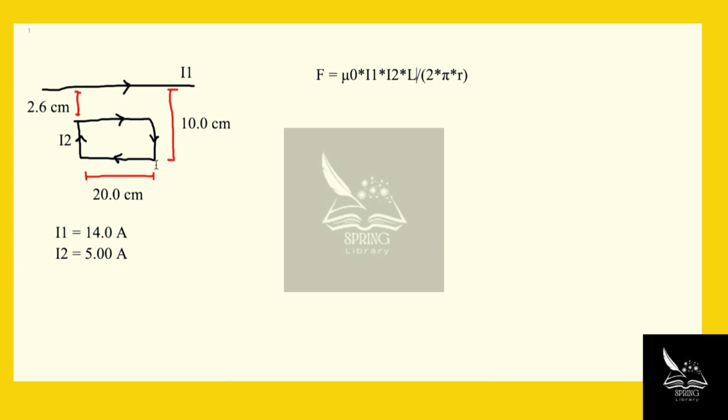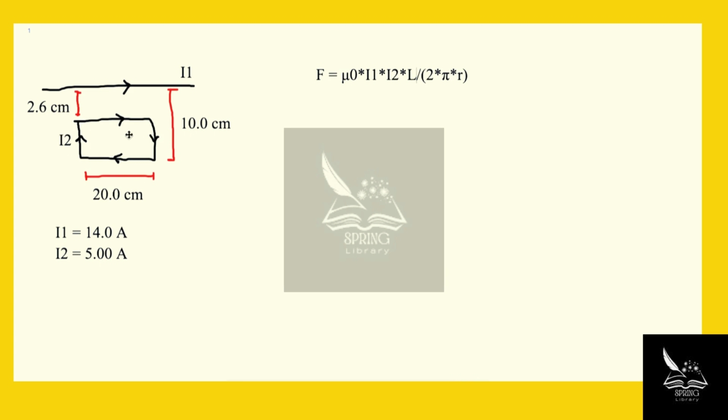So let's first think about the two vertical parts of the loop. If you think about it, the magnetic field exerted on both of these from the long wire is going to be the same, but the current in each of these is in opposite directions. So when we add up the force on this wire and the force on this wire, we're going to get two values that are equal in magnitude but opposite in direction.